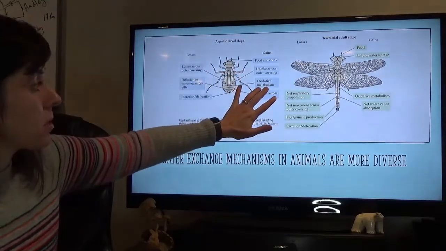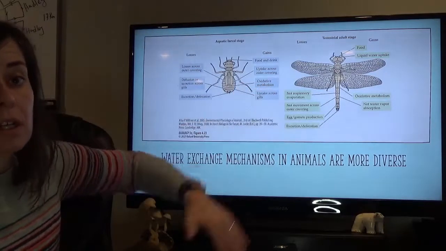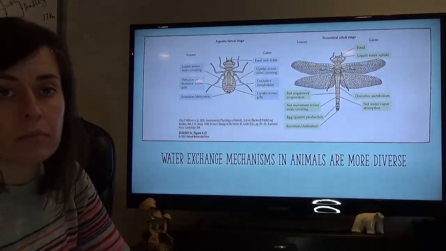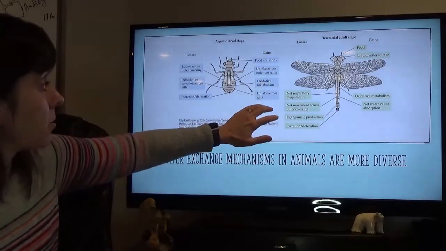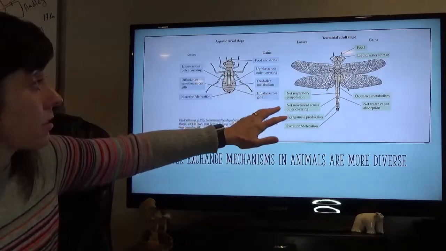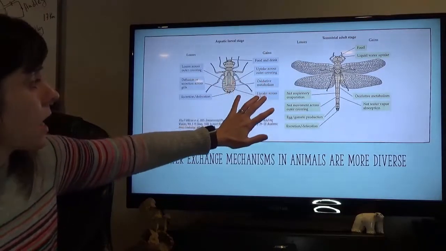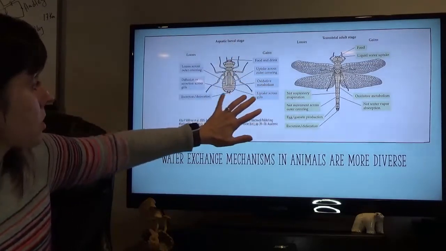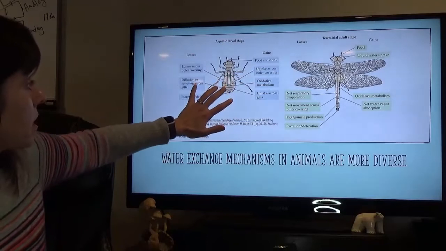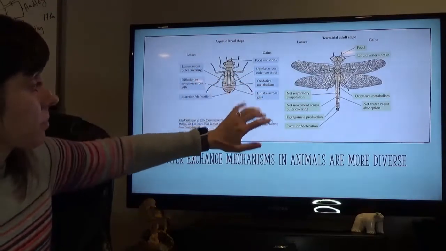Oxidative metabolism, the breakdown of sugars using oxygen with the byproduct of water, happens during cellular respiration, which occurs in all animals through the Krebs cycle. And then at this aquatic larval stage, of course, there's uptake across the gills and diffusion or secretion across the gills. So there are losses and gains across the gills.